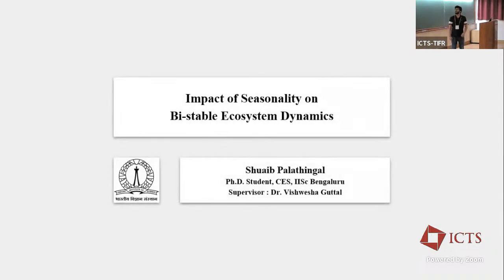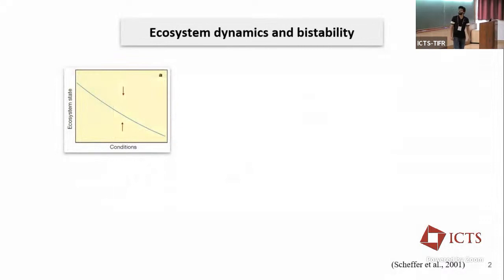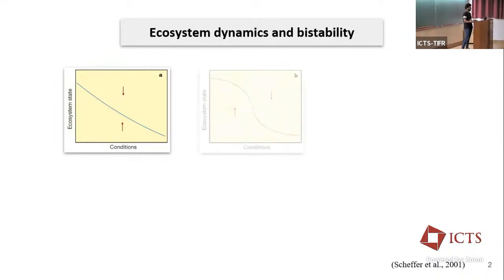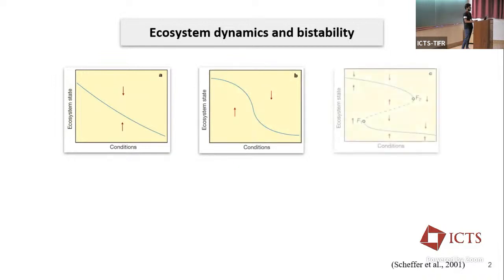So I'm going to talk about the impact of seasonality on bistable ecosystem dynamics. Just to go through the basics, we all know the ecosystem can react to different changes in ecosystem conditions differently. Maybe there can be a threshold change in ecosystem states for change in various ecosystem conditions.